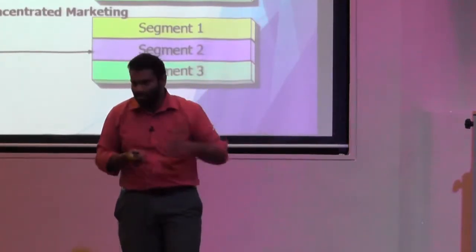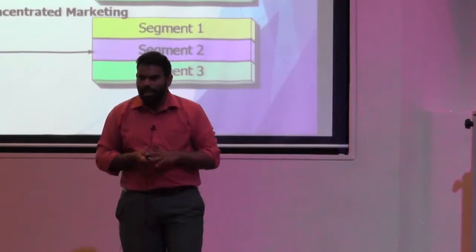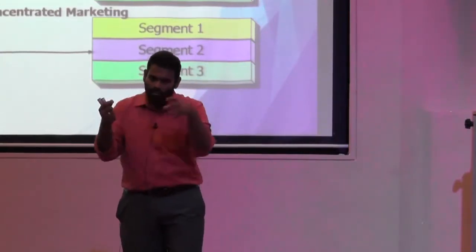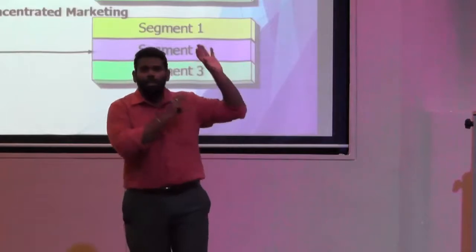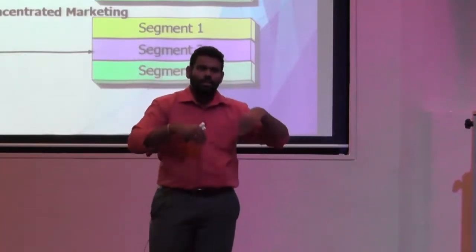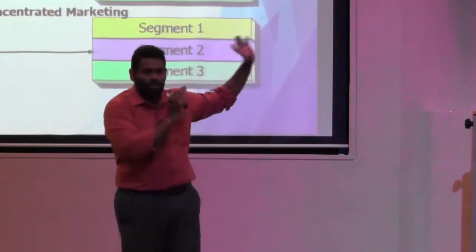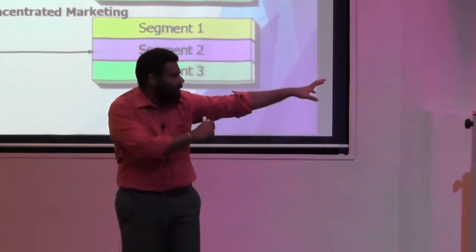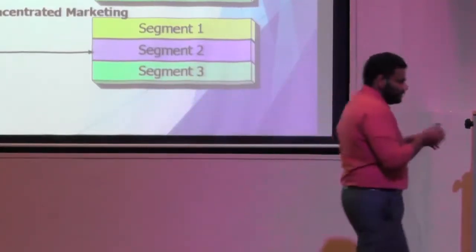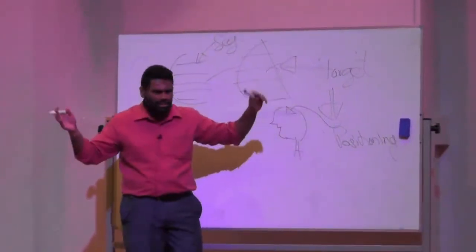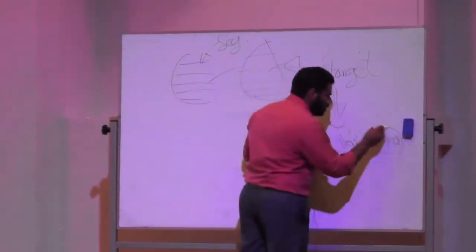However, they've got 4 elements, and depending on that, you filter your segment. And then your promotions, the marketing campaign and advertising, are targeted towards them. Guys, targeting is not a huge thing to discuss. Let's discuss positioning.